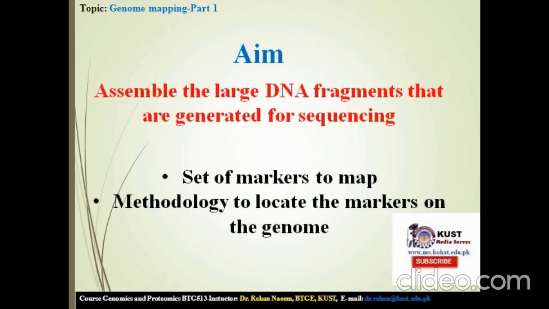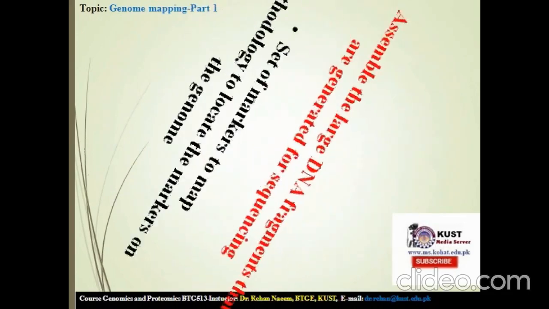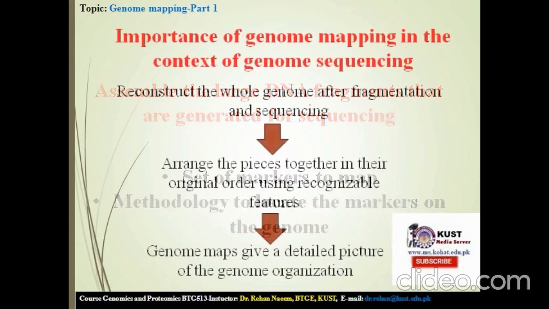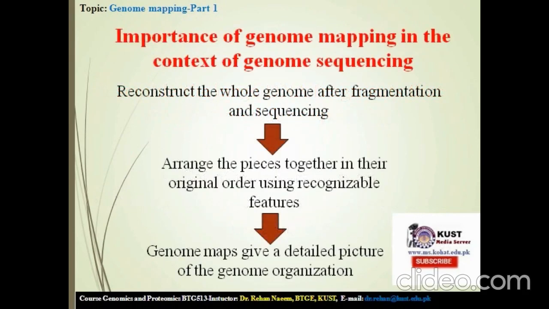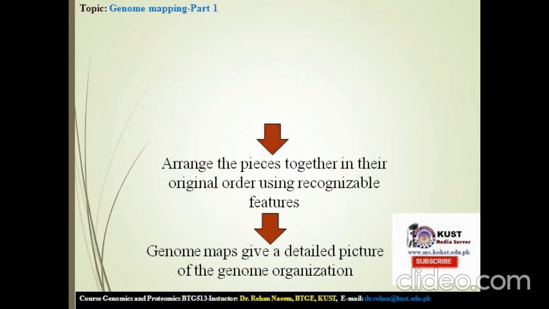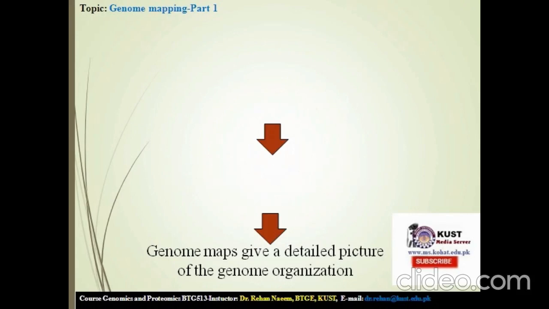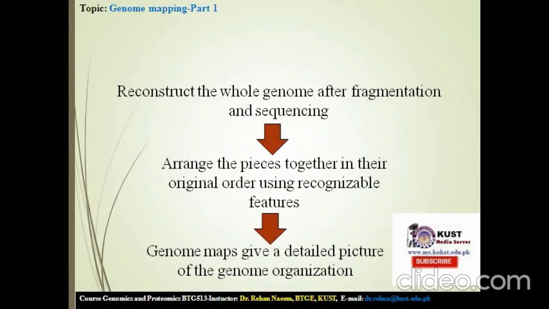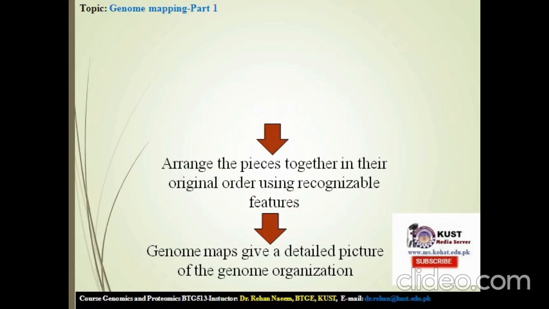In the era of genome sequencing, its importance is increasing because you know that for genome sequencing, fragmentation is the utmost step, and by fragmentation of the genome, the arrangement of the fragments is disturbed. So after sequencing, we have to assemble those fragments, and their orientation is disturbed. So if we do not know the genetic maps, we cannot assemble those fragments.